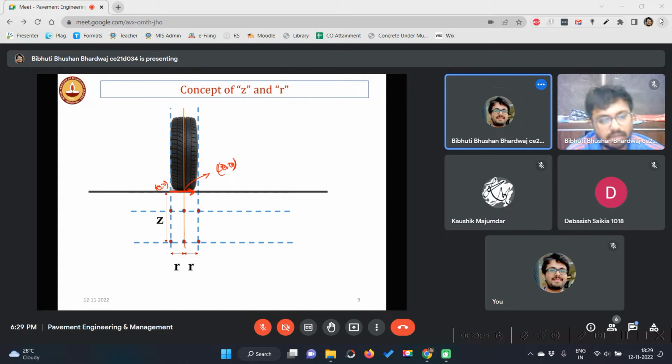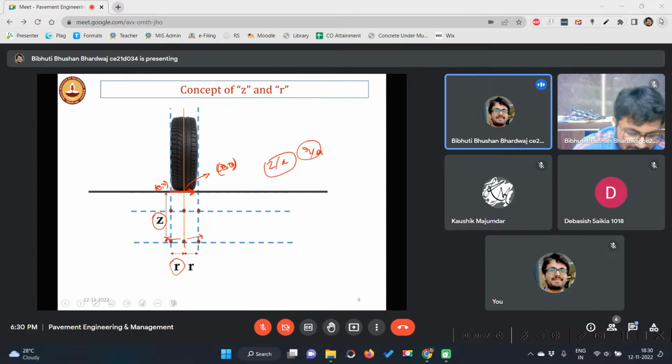From this center line, how far you go radially is called r, and depth is z. So get accustomed to these terminologies, r and z. Even in the geotechnical class, while using charts, you use these terms, z by a, r by a, right?